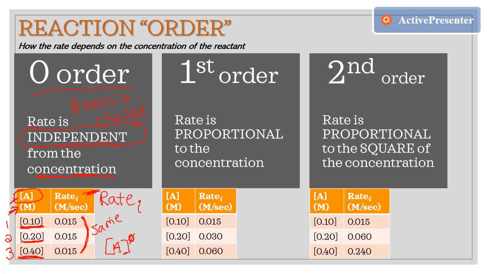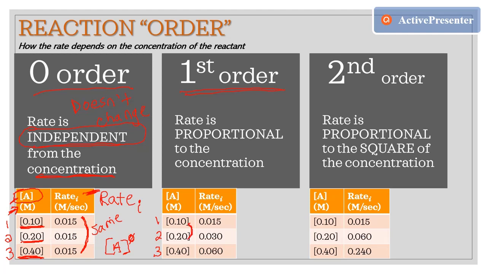Now let's move on to the first order. Look at this chart down here. For the first order, here's another set of experiments: Experiment 1, Experiment 2, Experiment 3. Between Experiment 1 and Experiment 2, we doubled the concentration.